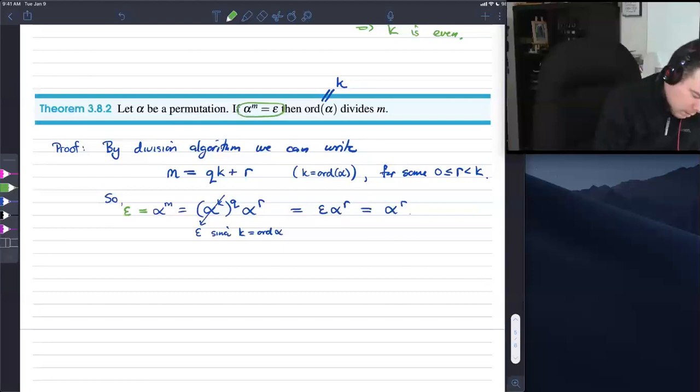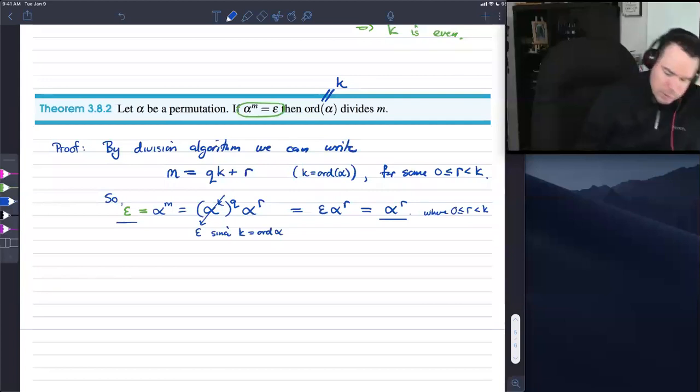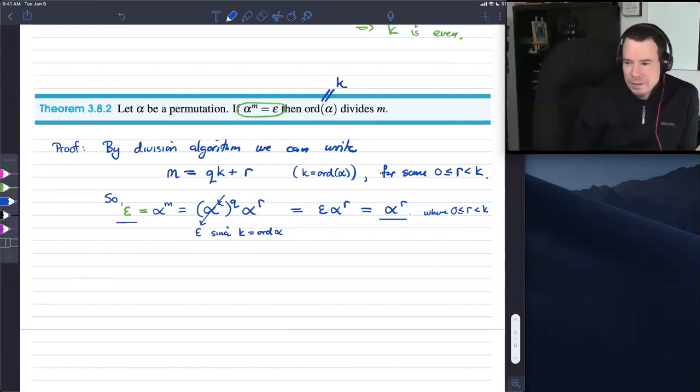What does that mean? It means that we have alpha to the r is equal to the identity, where r is less than k and bigger than or equal to 0. So r is a number that's smaller than the order of alpha, but yet it still kills alpha.